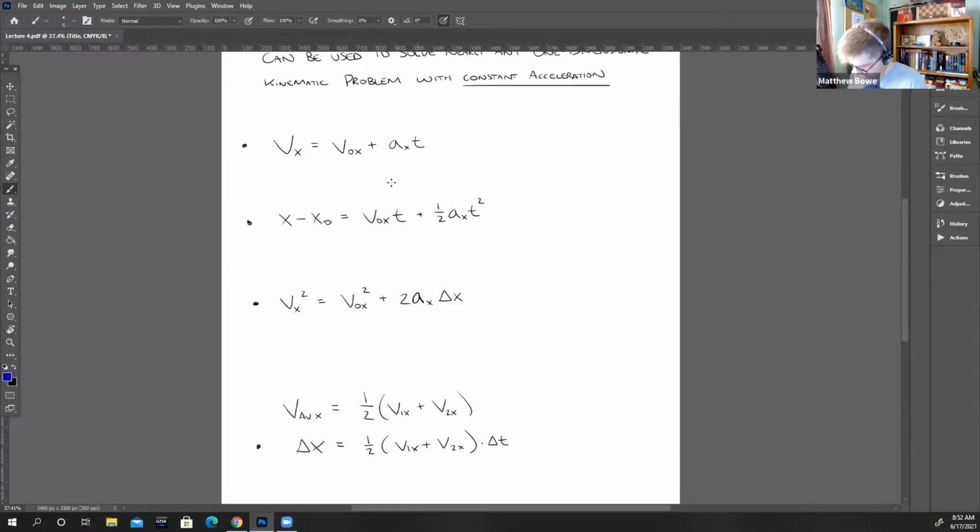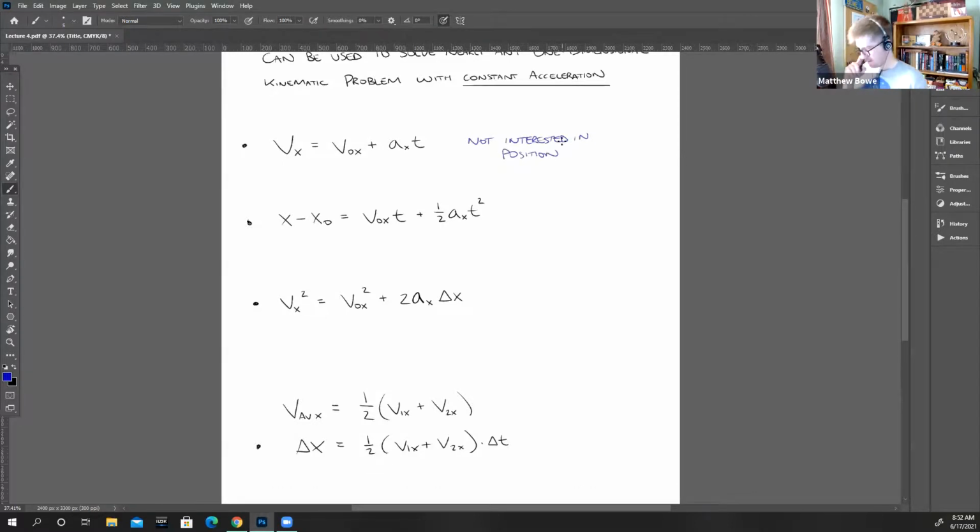The first one you can use if you're not interested in the position. If you don't need the position, you don't have to have it in the equation.